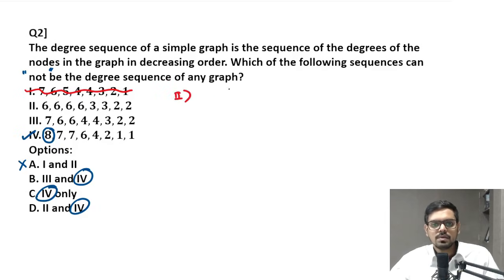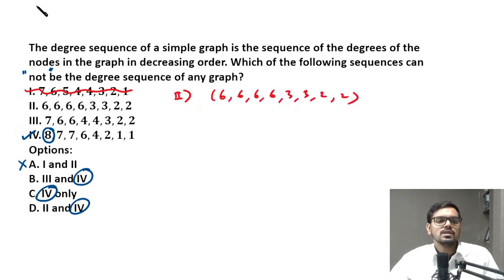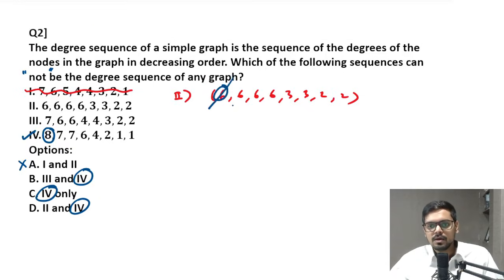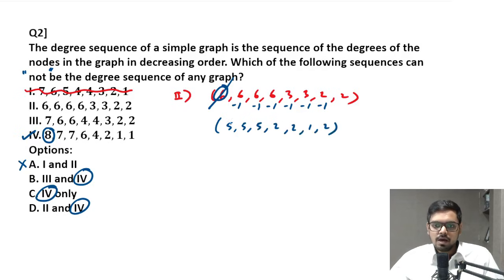So I got no choice. Use the Havel-Hakimi theorem for this degree sequence. First I copied it, then I used the algorithm. The 6 says remove from here 1 time, 2 times, 3 times, 4 times, 5 times, 6 times, right? Do the subtraction. Now the calculation is 5, 5, 5, 2, 2, 1, 2. Now, is it in decreasing order? No. So make it decreasing.